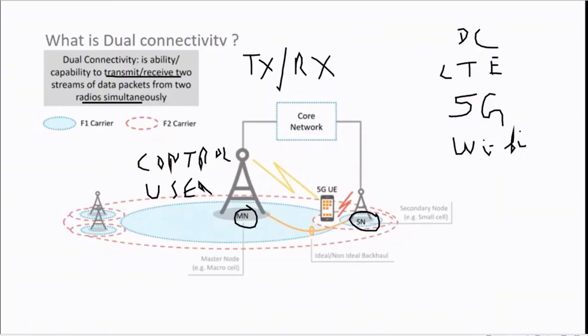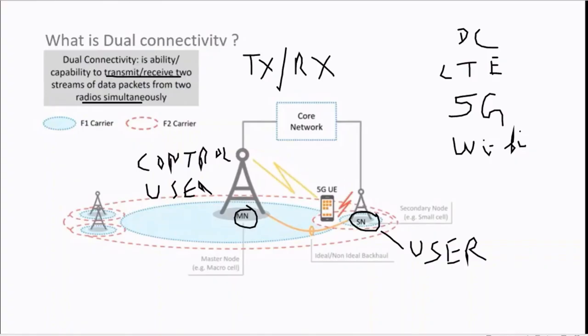That's why it is called the master node. The second thing you see here is the secondary node. Why is it called the secondary node? Because it has control only for the user plane. Okay, that's why it is called the secondary node. So I want to introduce these two terms: one is MN, which is the master node, and the second one is SN, which is the secondary node.